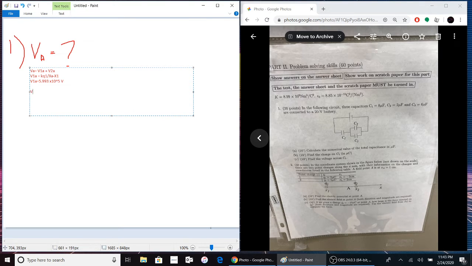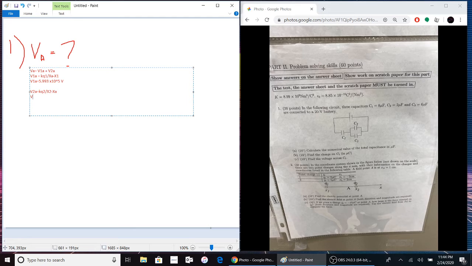We also need to find V2A, which is characterized similarly as KQ2 over, it's different here because we're trying to find potential. We do know what XA is, but we're just going to be doing X2 minus XA.